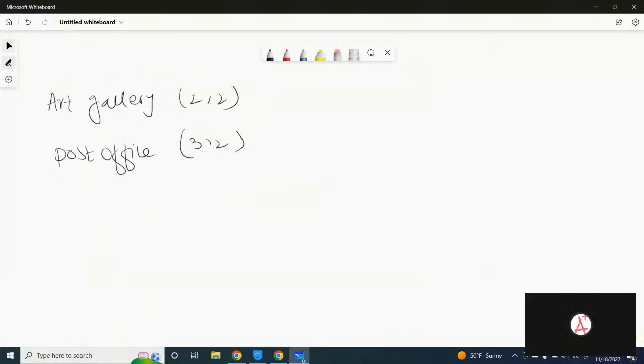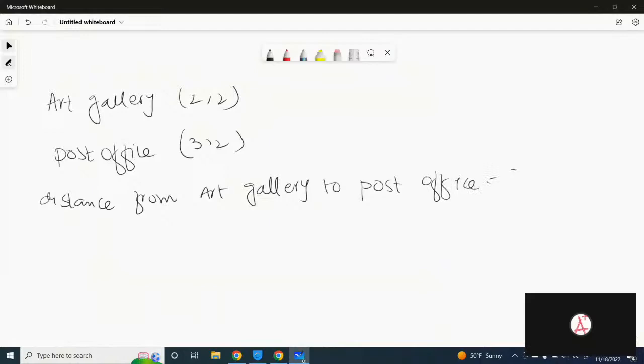Got it? Okay, that means the distance from the art gallery to the post office is, they have the same y value, just subtract their x values. So it would be 3 minus 2, just 1 unit.